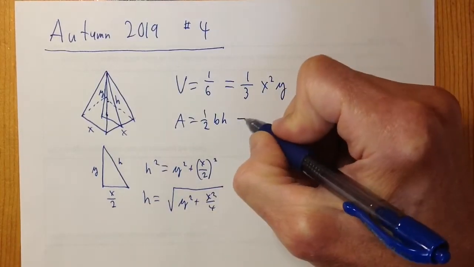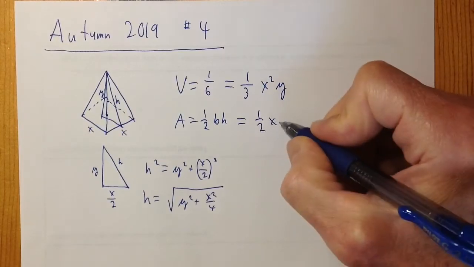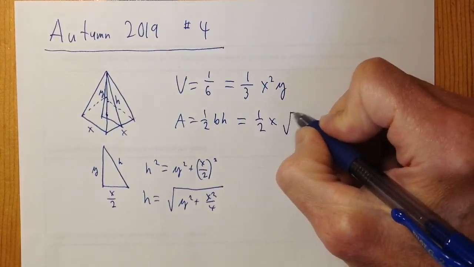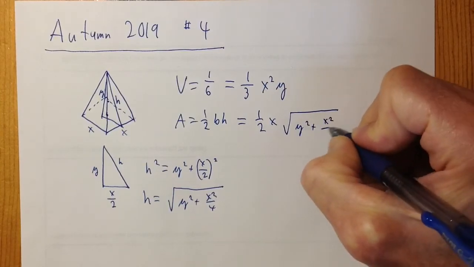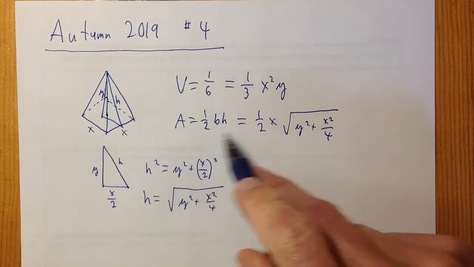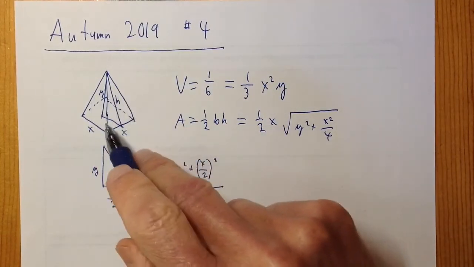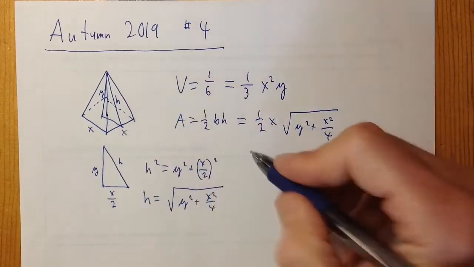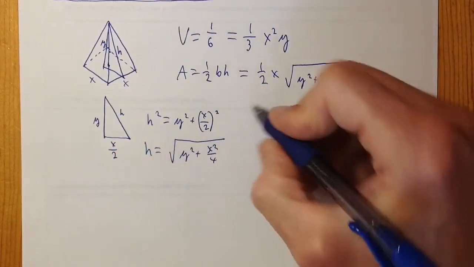So the area of our triangle is 1/2, the base is x, the height is the square root of y squared plus x squared over 4. We want to find the best x and y to minimize this. And actually there's 4 of them, right? Because there's 4 triangles. So the full area is 4 times that.